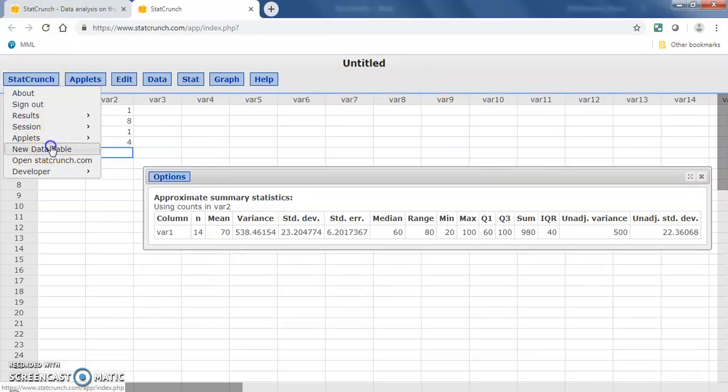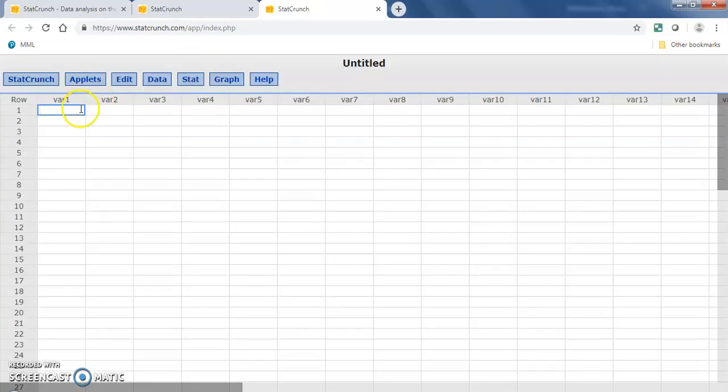There is another way to do this in StatCrunch. The other way would be to, again, list your bins here: 20, 60, 80, 100, and then we put our weights here.